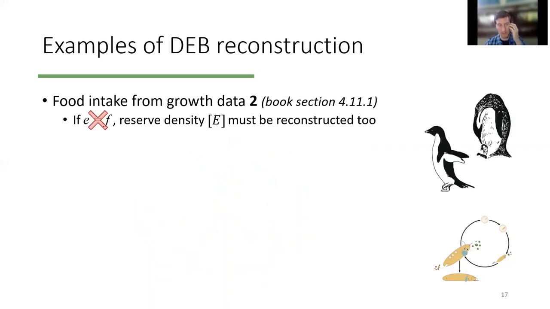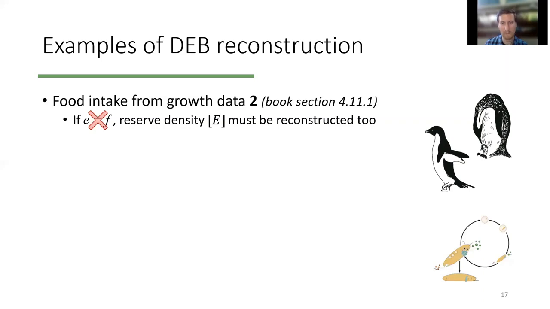But in some cases, you cannot make the first assumption that we made about the change in food concentration in the environment. And if food changes too much, then the scaled reserve density cannot be assumed to be equal to F. And in that case, we must also reconstruct the reserve density, capital E in square brackets, which is the ratio of reserve over structure.